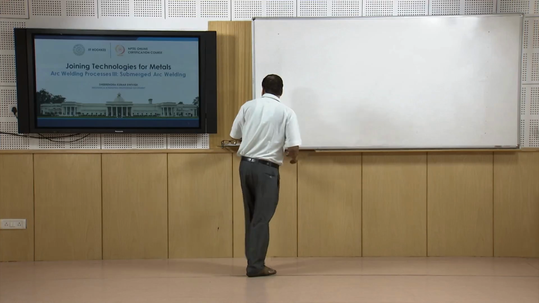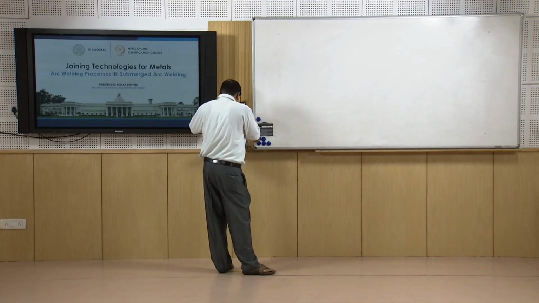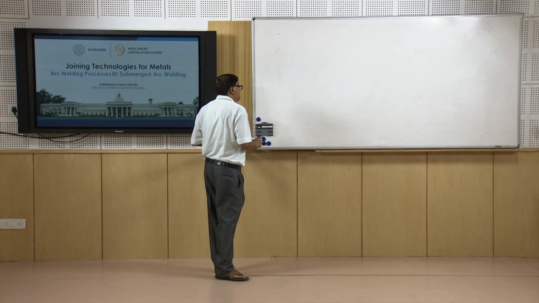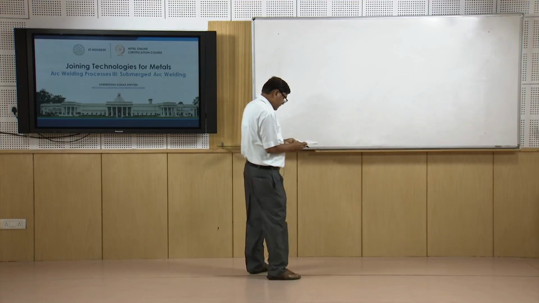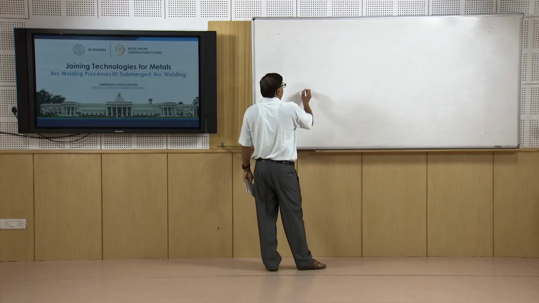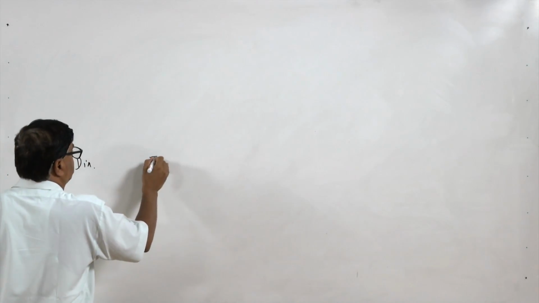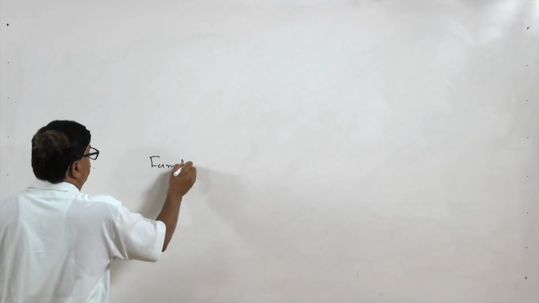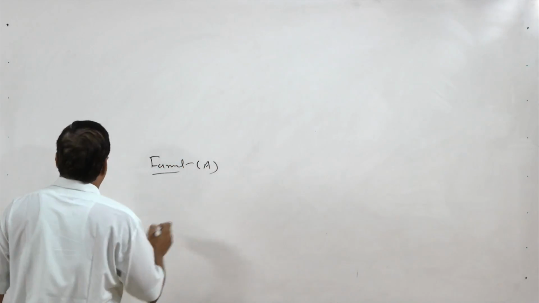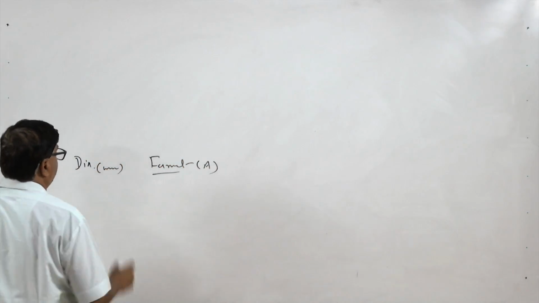So, here we see some data about the kind of current which is used in this process, that is, the diameter of the electrode and the welding current normally used, in ampere and diameter in mm.